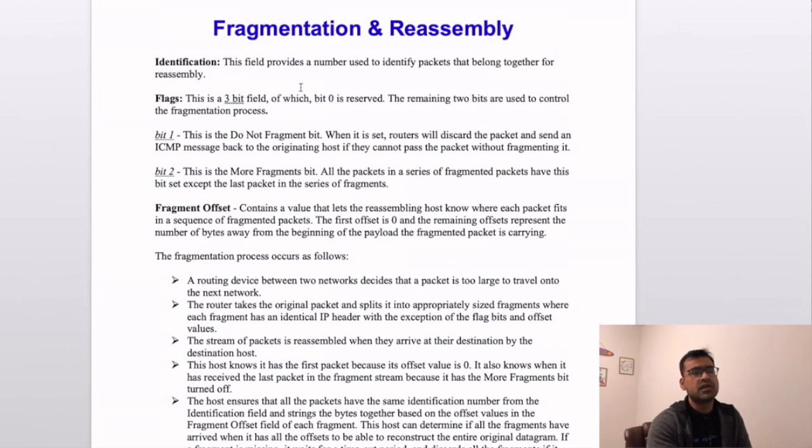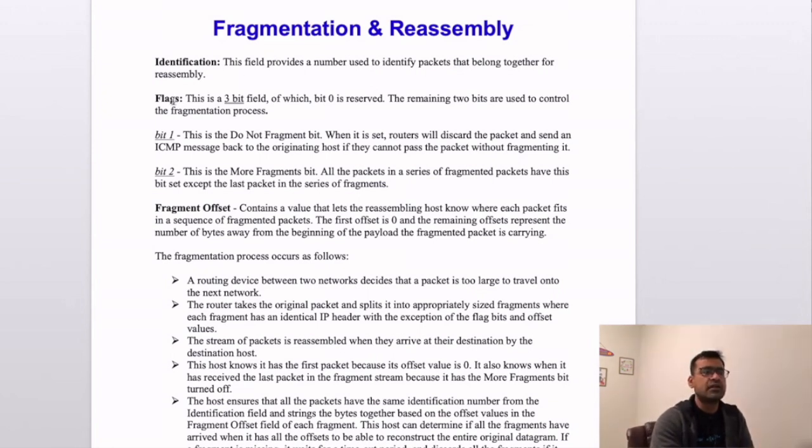Identification provides the number used to identify packets that belong together for reassembly. So if you have a very large packet and you break it down into 2 or 3 different IP packets, there should be some sort of identification which says that yes, all these 3 packets belong to one single large packet.